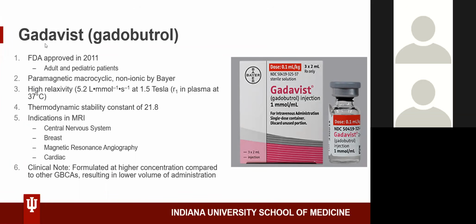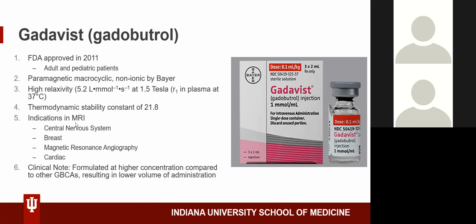And that's really Gadavist's claim to fame: as far as GBCAs on the market right now, it has the highest relaxivity of any of the macrocyclic structures. It has a relaxivity of 5.2, which is higher than Dotarem, which you'll see in a sec. It still has a high stability constant due to that structure.